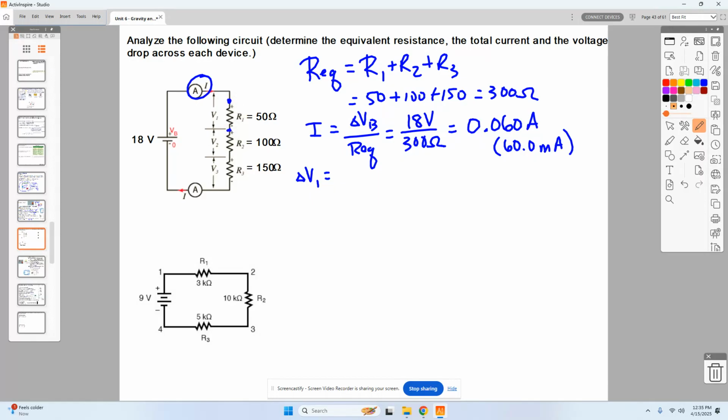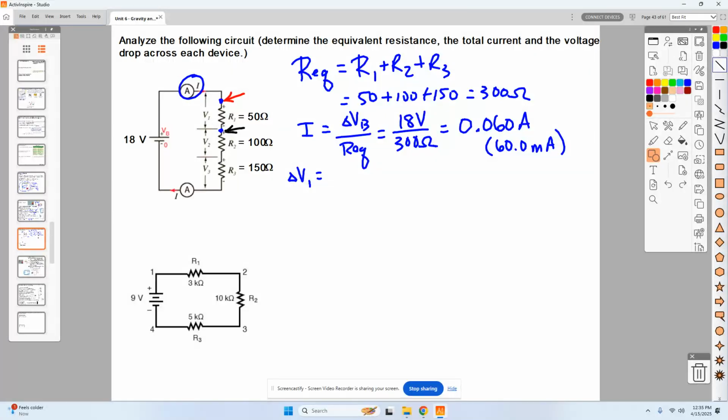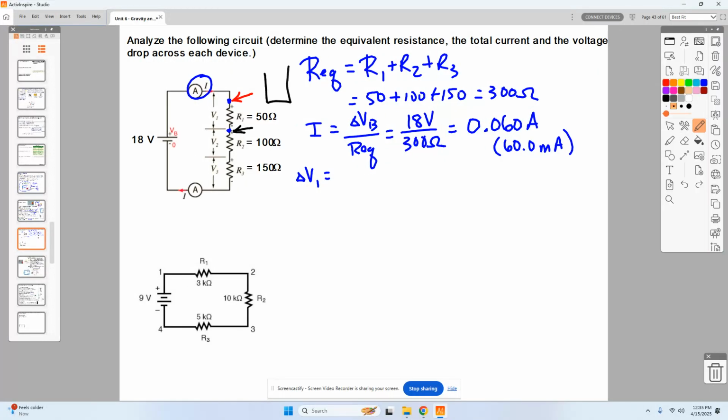So if I were to take a voltmeter and place it across here with maybe a red electrode and a black electrode connected to a VOM meter, like so, that would read for us the voltage drop across that particular thing.